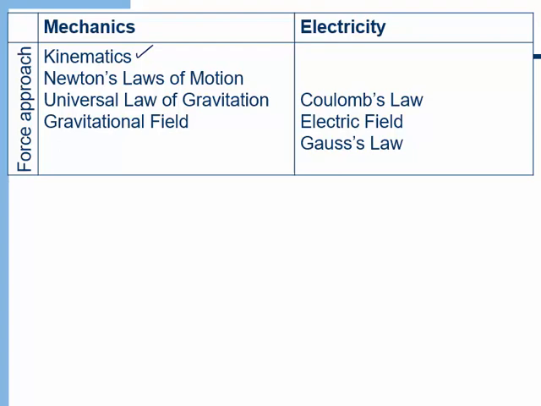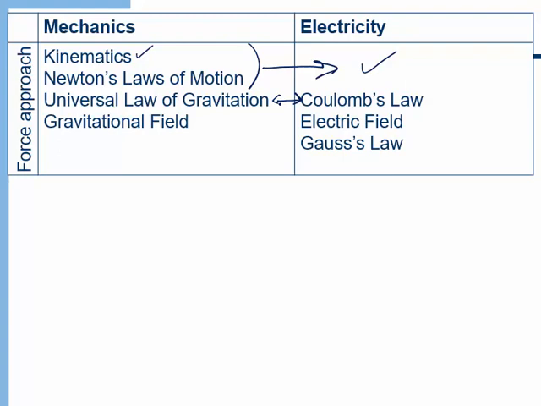We also talked about the universal law of gravitation, talked a little bit about the concept of a gravitational field, but not very much. Well, this semester, as we've started our study of electricity, we've also been using a force approach. So first of all, you'll notice that we've used some kinematics and Newton's laws of motion. Instead of the universal law of gravitation, we have Coulomb's law, which is mathematically equivalent to the universal law of gravitation.